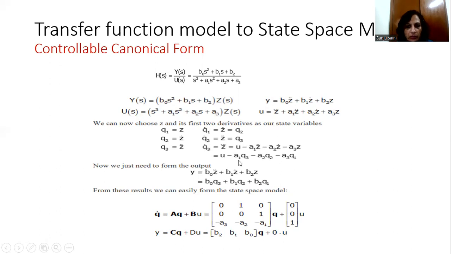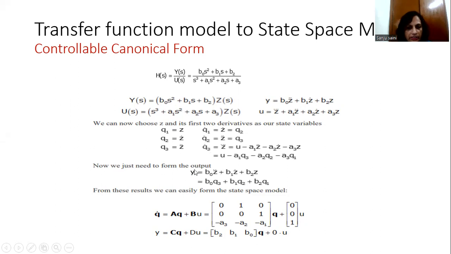So z triple dot is equal to u minus a1 z double dot minus a2 z dot minus a3 z. We have substituted the values, so we are getting q3 dot. So we have got the state variable model q1 dot, q2 dot, q3 dot.